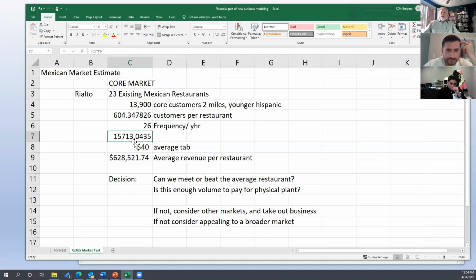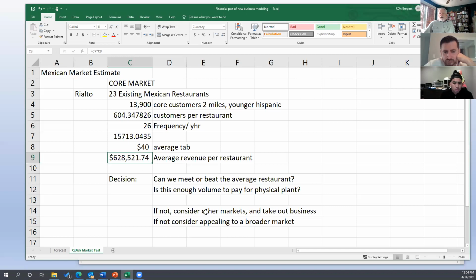And that comes out to 15,000 times, let's see, customers per restaurant, 29, 23 times C4. Then I recalculated what the average tab was, and then calculated that it went from customers to money. And so we've got an opportunity of about 628,000.